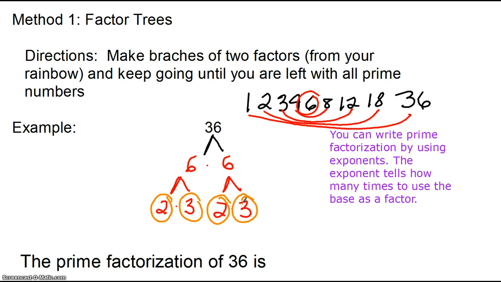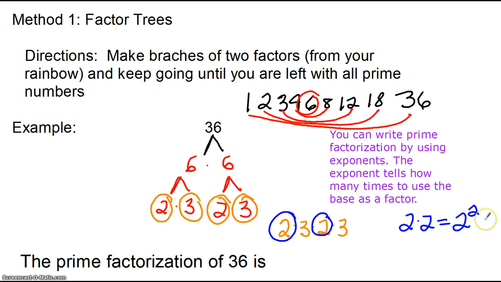So my prime factorization of 36 is 2 times 3 times 2 times 3. But we learned last chapter that when we multiply more than one of the same number together, we can write them as an exponent. So I have 2 here and 2 here, and 2 times 2 is the same thing as 2 squared.